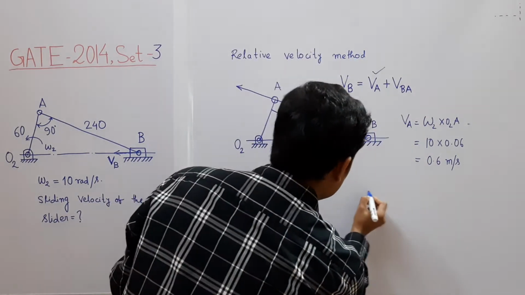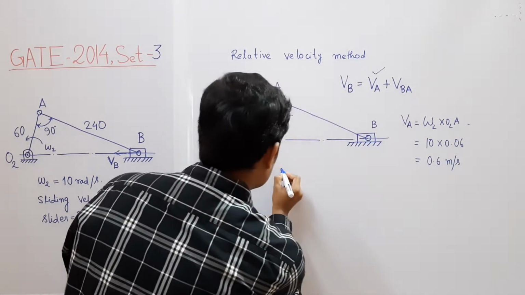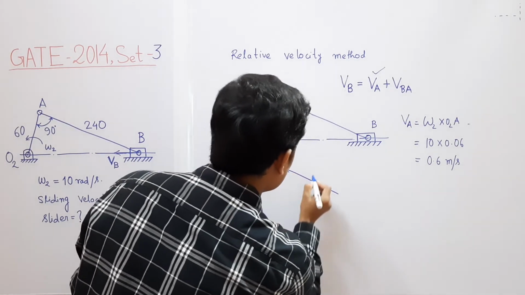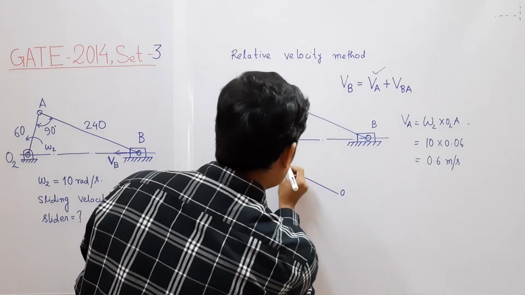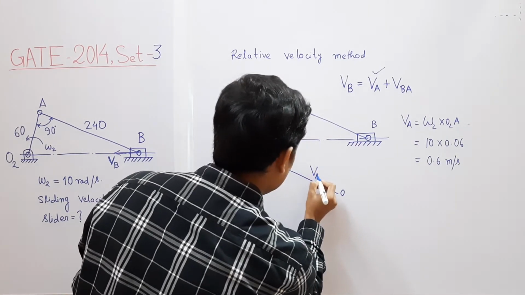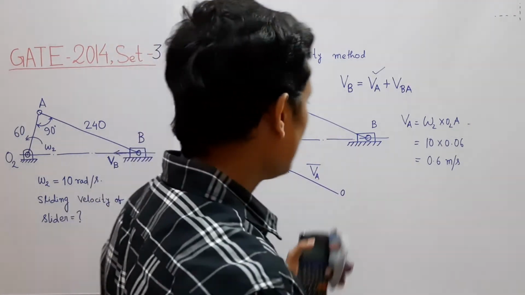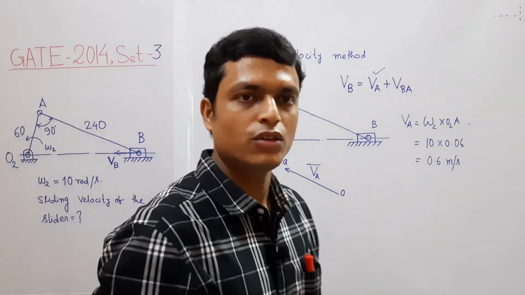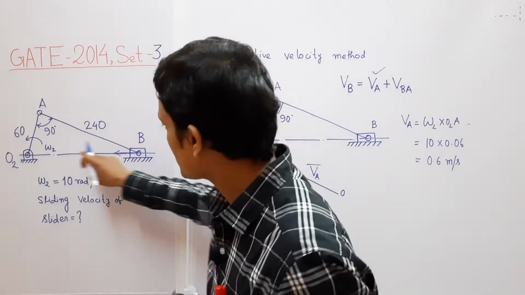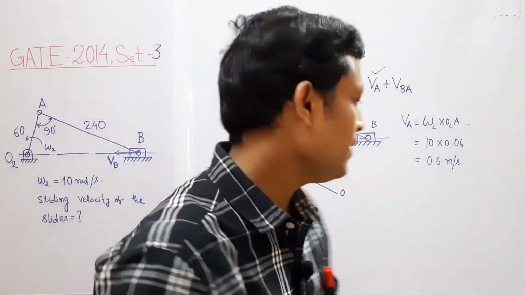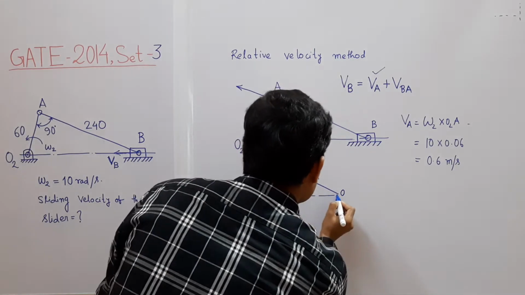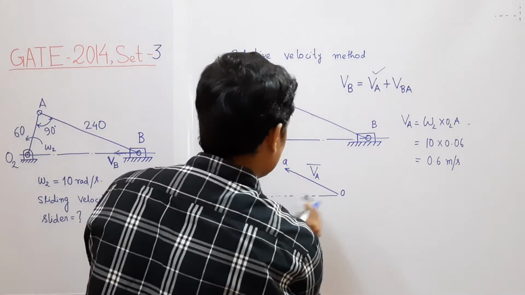So let us draw VA here. We are drawing the velocity diagram, say O small a, and this is VA. What is VB? Point B is restricted to move along the axis of the slider. So the direction of VB is known, that is always horizontal direction, that is the axis of the slider.